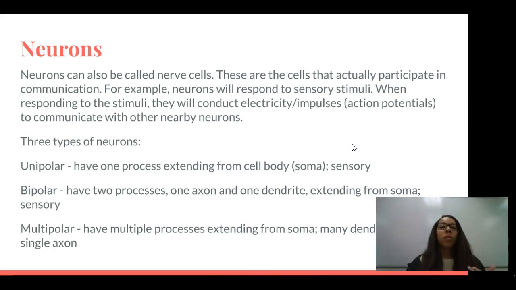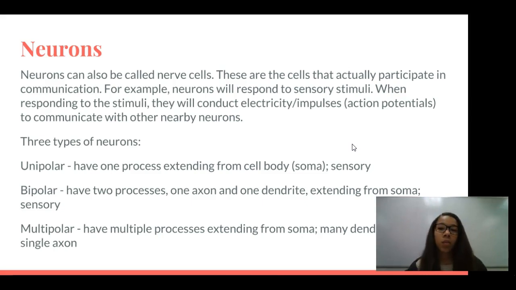In terms of polarity, it's talking about how many processes, or in layman's terms, how many things are coming out of the cell body. Unipolar, you have one process extending from the cell body, hence the word uni. Bipolar, you have two processes, hence the word bi. Specifically, your processes are one axon and one dendrite, and they're extending from the cell body.